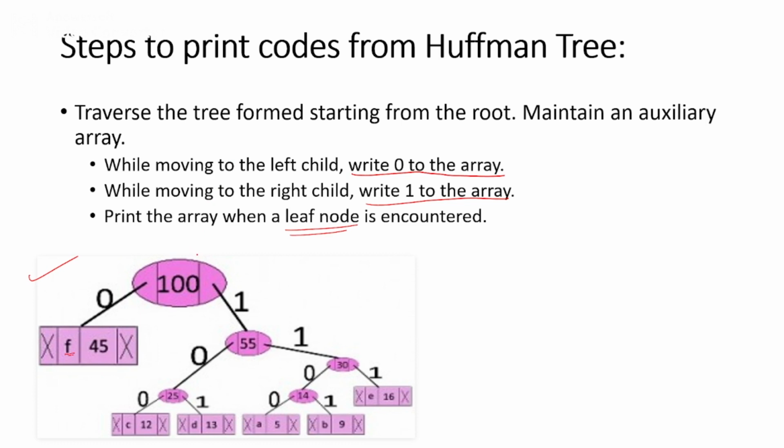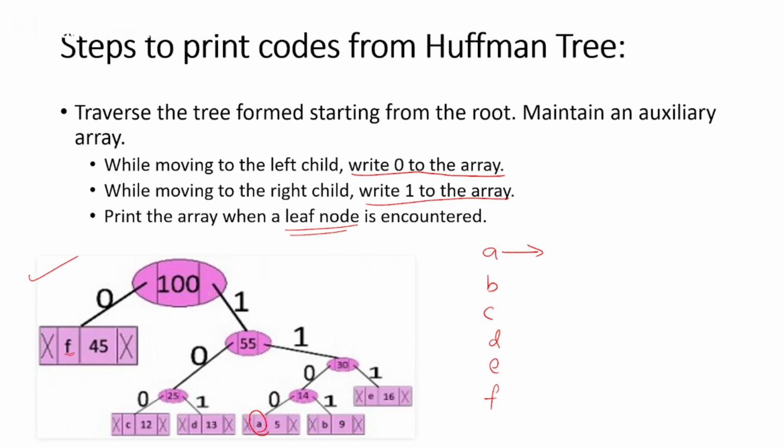Now let us write the encoded format for each character we have, that is A, B, C, D, E and F. First let us go for A. A is over here, right? Let us start from the root.